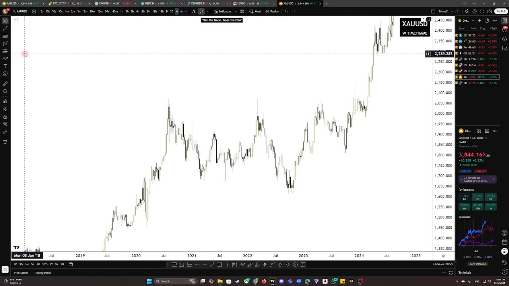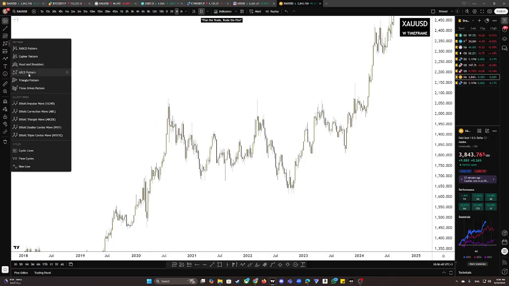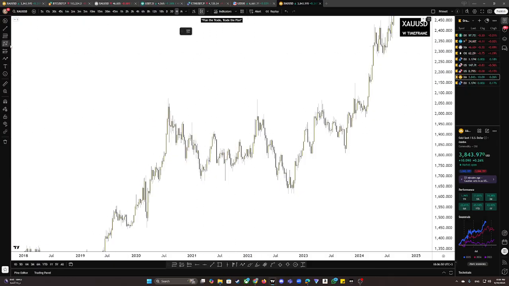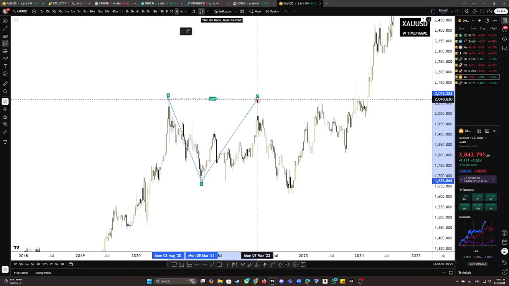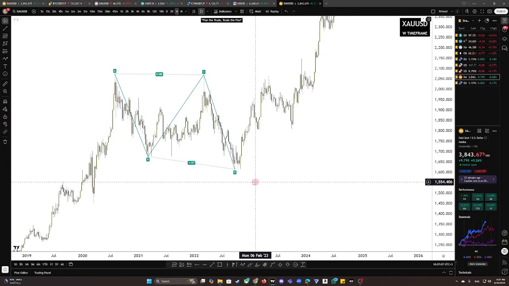In this case, because this is an N, I use the ABCD pattern. I click on control, and then I draw from the high until the lowest point, then back to the highest point, and then back to the lowest point. And what do we know?